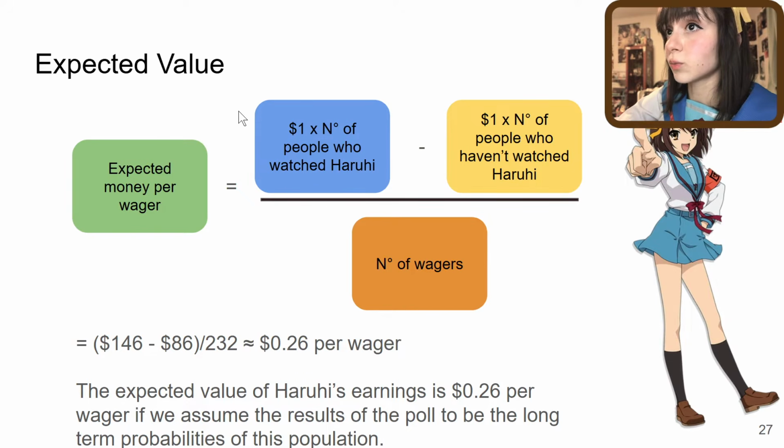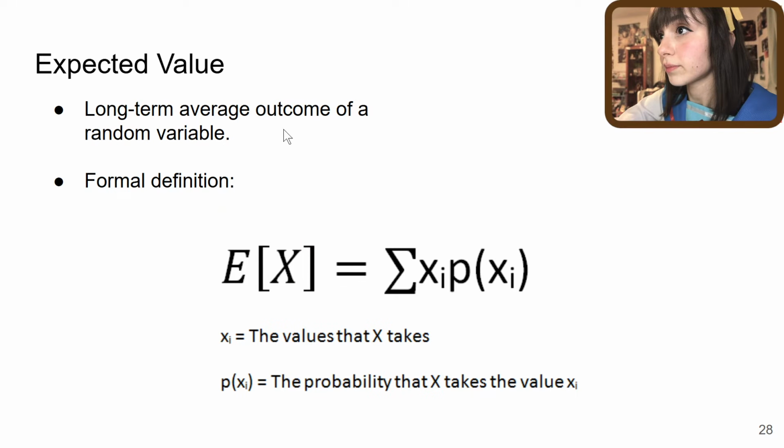But this is what's known as an expected value for this particular example. Now, to give it a little bit of a more generalized formula, this would be the formal definition of the expected value. So we have the expected value of all my x's is the sum of each x times the probability of this particular x.